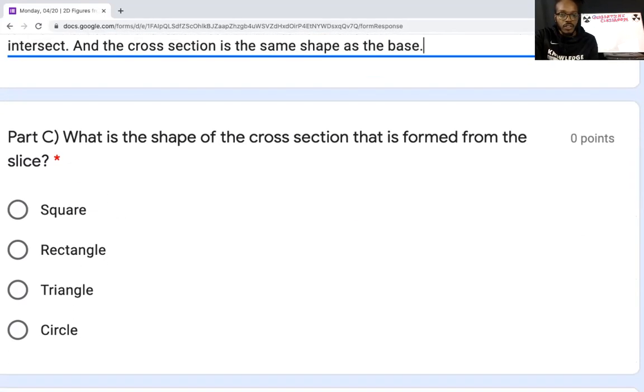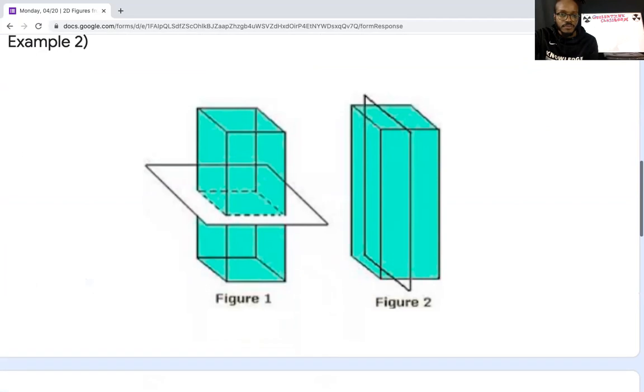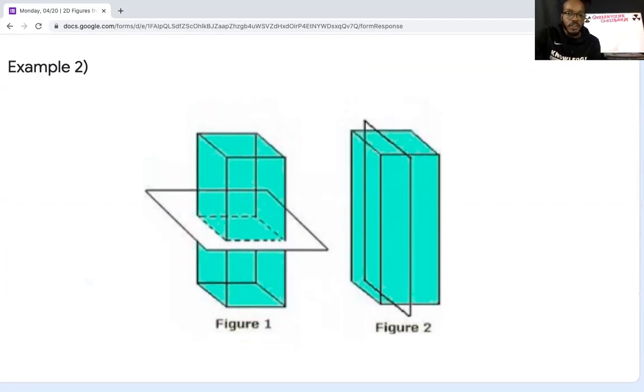What is the shape of the cross section that's being formed? Again, remember I said that a square is a special type of rectangle. In geometry, you only call it a square when you're talking about the base of a cube, because a cube is a 6-sided shape that has squares on all sides. Other than that, we'll just default to calling this a rectangle. All right. So figure 1 shows when we cut it parallel to the base.